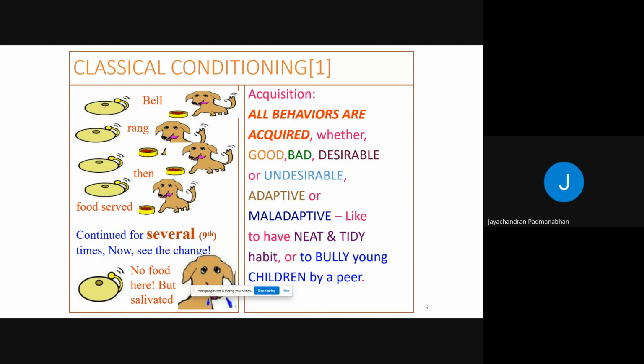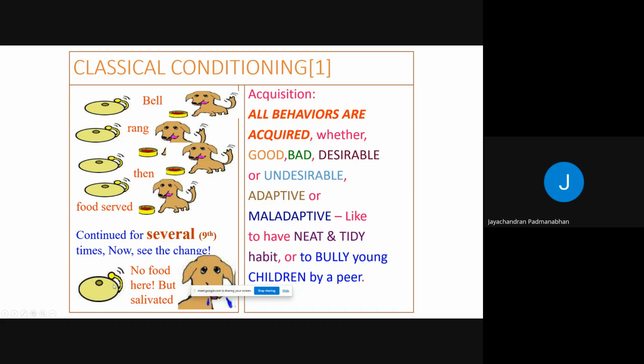So second day also he rang and served the food. Third day. By eighth day, the dog learned that ringing of the bell is an indication for it to receive the food. So on the ninth day, immediately on ringing the bell, food is not served.